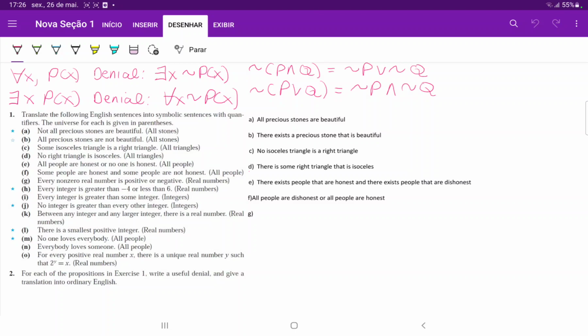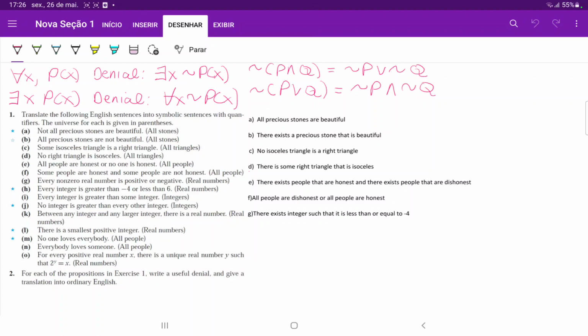So we're going to say there exists an integer n such that the opposite of greater than -4 is less than or equal to -4.